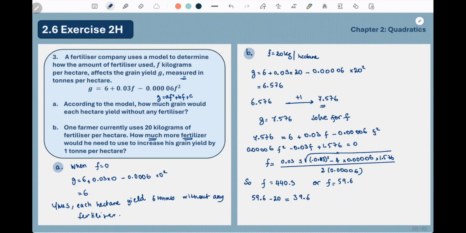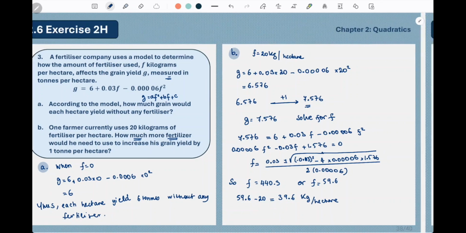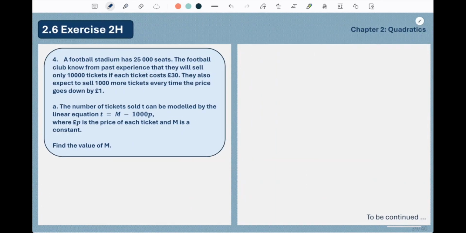That means he has to use 39.6 kilograms more fertilizer per hectare, if that makes sense. So we should increase the fertilizer amount by this value. I hope it made sense, and we shall move to another question.